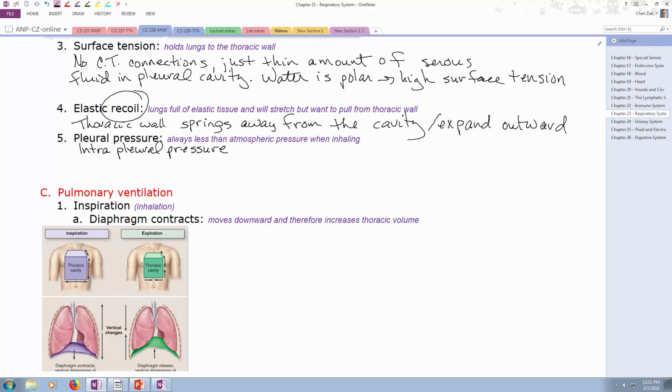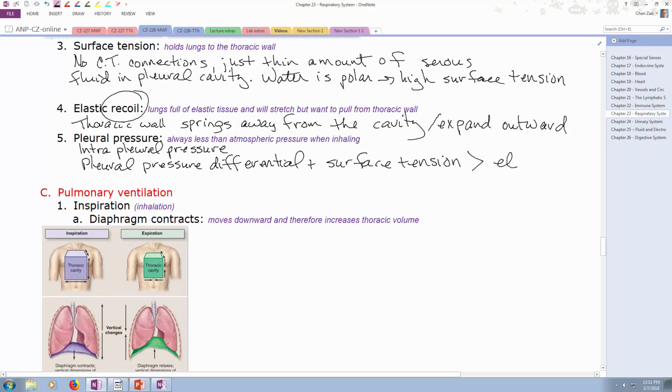A couple of things I want to add down here for the intrapleural pressure notes: pleural pressure differential plus surface tension is going to be greater than elastic recoil of the lungs and the cavity.